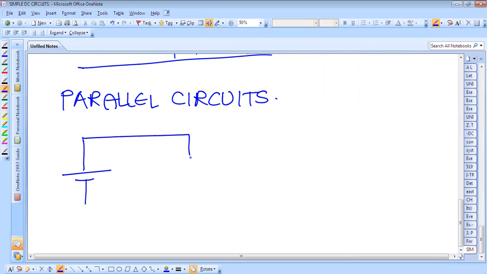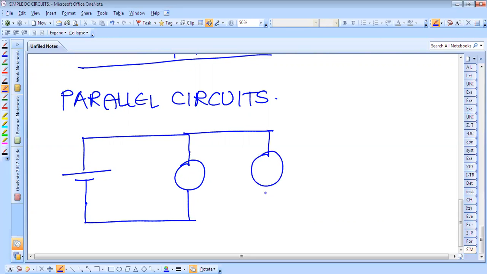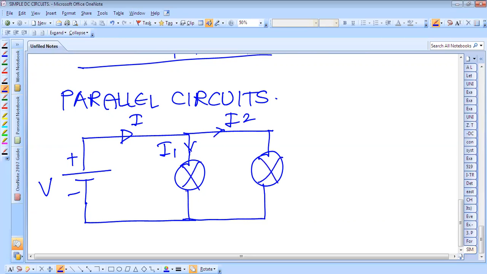We are considering two lamps connected in such a fashion. Here we can call this the circuit current, and when the current comes to this point, it gets divided through these two branches. The first branch is I1, the second branch is I2. So this is the first lamp, this is the second lamp. The current flowing through the first lamp is I1, and the current flowing through the second lamp is I2.